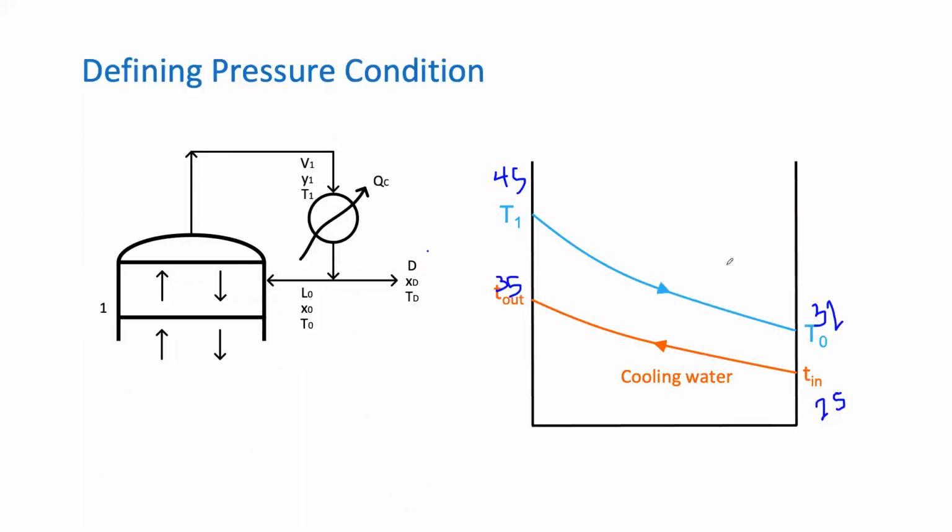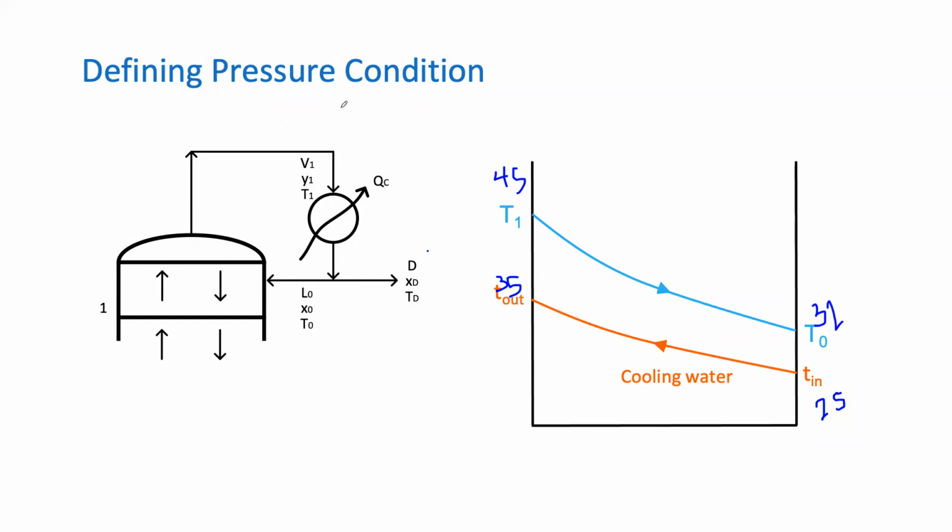Okay, and then we also have to define the pressure condition. Usually how we define the pressure condition is always correlated with the condenser, because we have to condense the vapor from the top stage, stage 1. There are two types of condenser. This one is total. Why is it total?